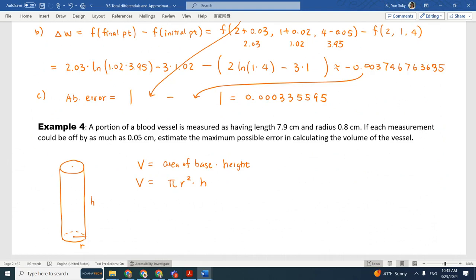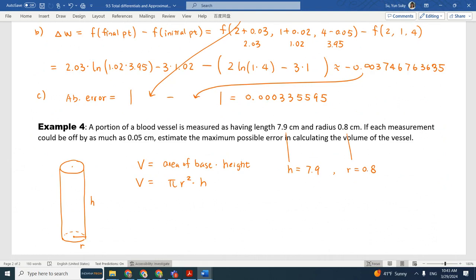Right, everybody? So this is a function of two variables. Now the problem says it has the length. What was the length? This is like the h, right? The h is 7.9. The radius is 0.8.